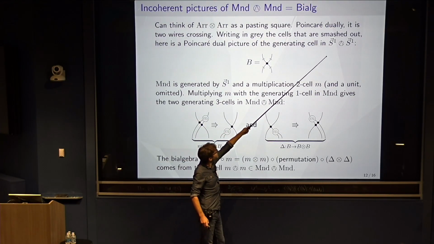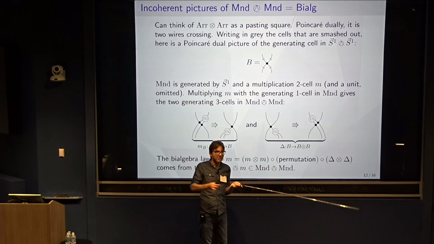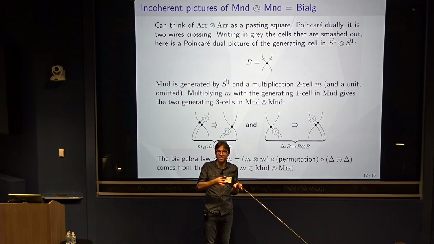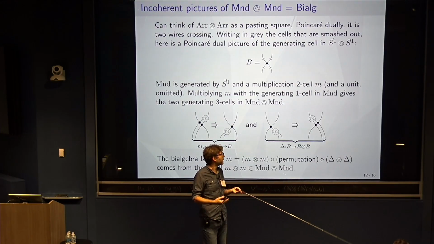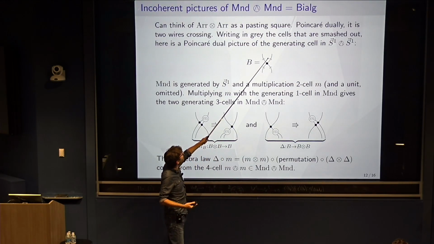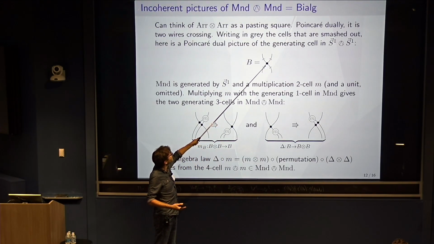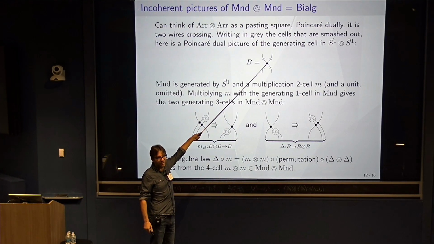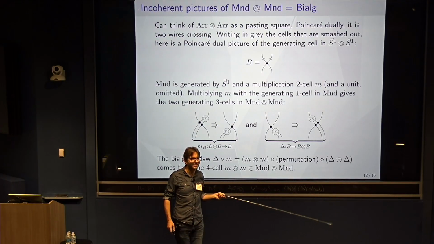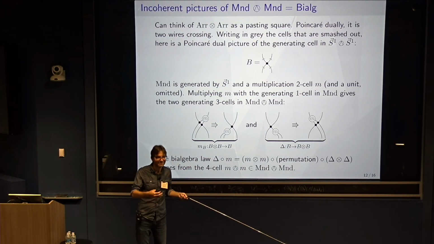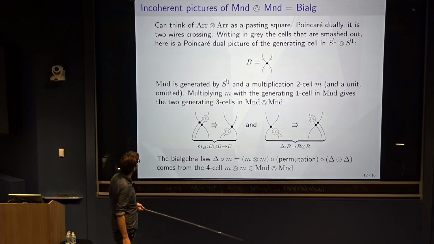The rule for the smash product is that I smash out any cell that has the base point in either variable. So I'm going to draw in faint gray the things that get smashed out. And the only cell that doesn't get smashed out is the 2 cell in this product. There's a fact that if you smash two circles together, you get a sphere. You get just a 2 cell from the base point to itself.